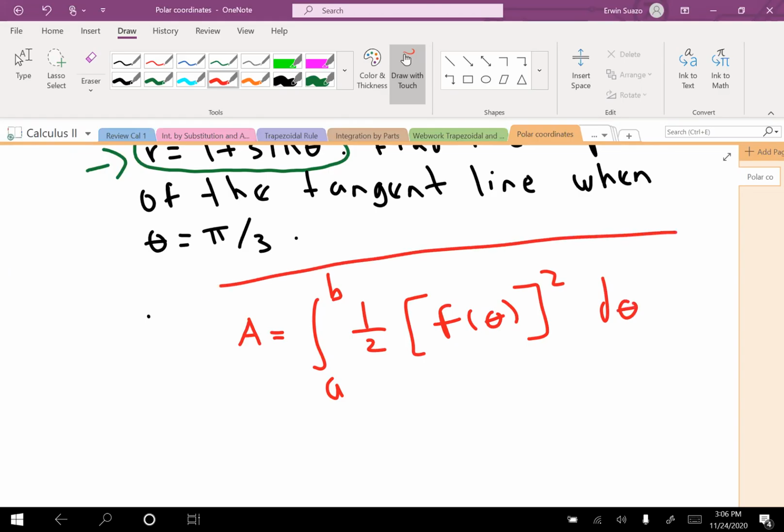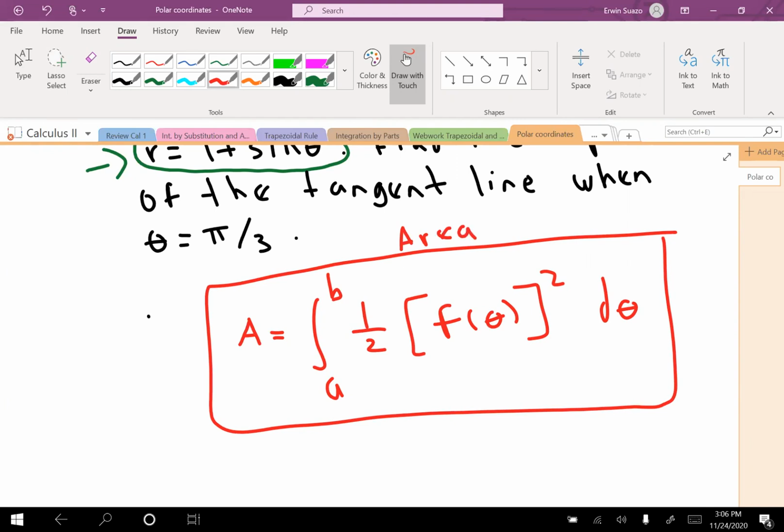So we're not going to deduce this one. This is area. Section area. Or area of a region. Enclosed by the curve.